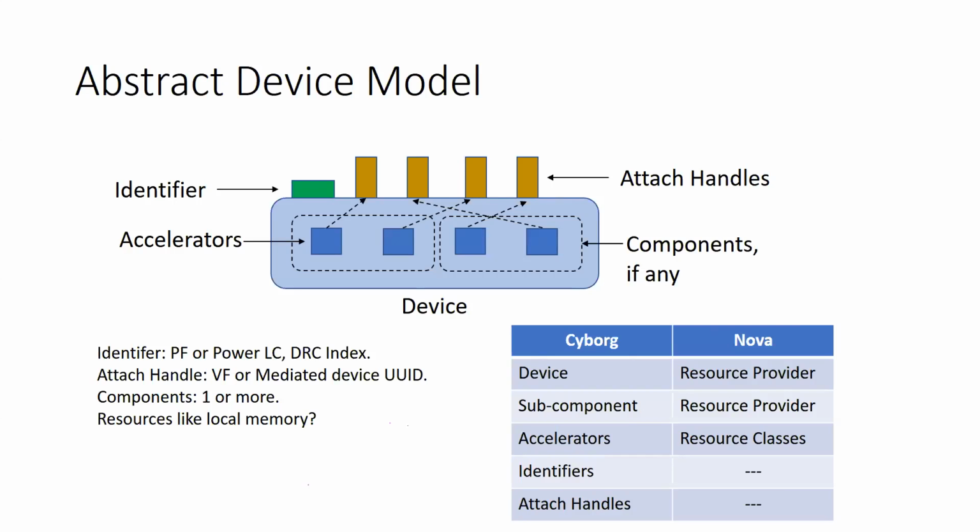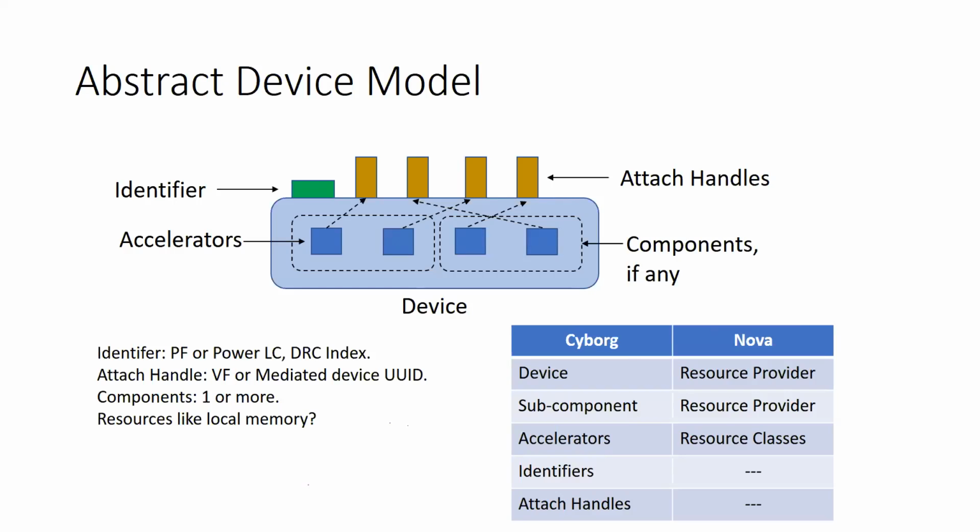That's one possibility. But it's also possible that you got a pool of VFs and a pool of accelerators, and when you want to assign something, you pick an accelerator, you pick a VF, and you configure the device to associate the two. Right? This model also works for MDEV.